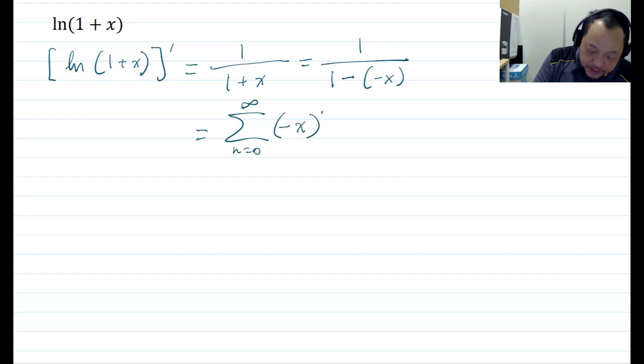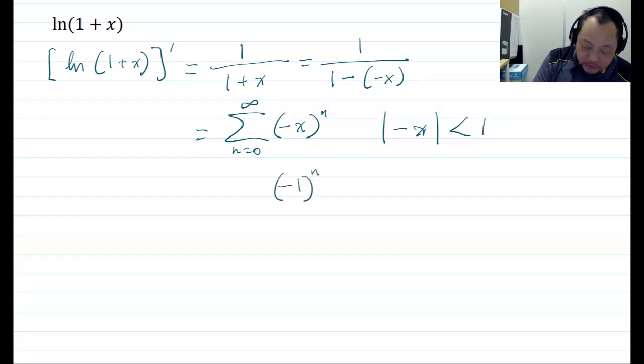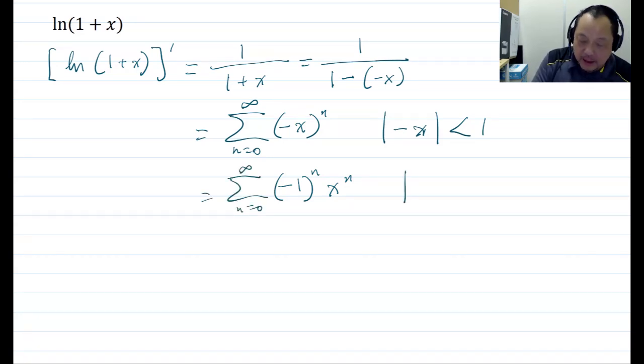The sum of negative x to the power n, where the convergence is that quantity's absolute value less than 1. Negative x to the n is the same as negative 1 to the n times x to the n. Most people prefer to write it like that so that you can see that it is an alternating series. And absolute value of negative x less than 1 is the same as absolute value of x less than 1.